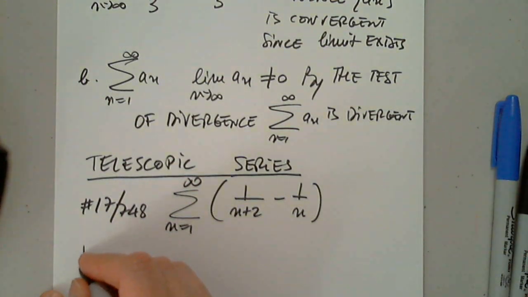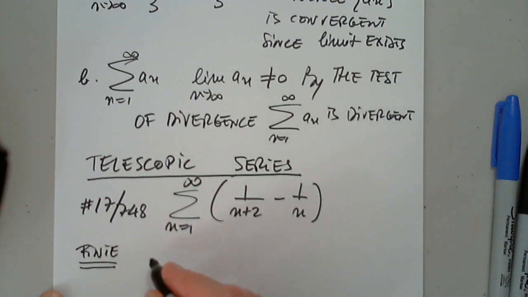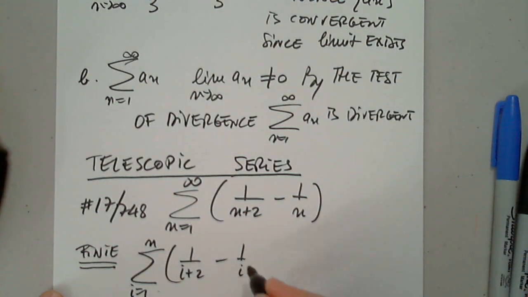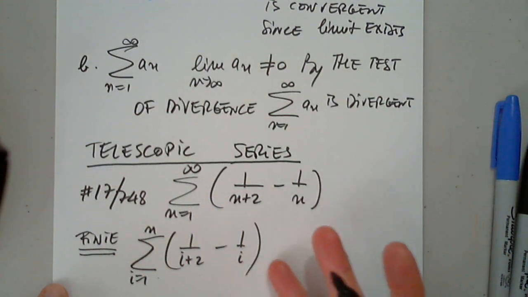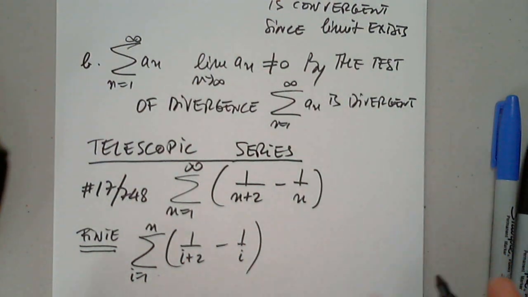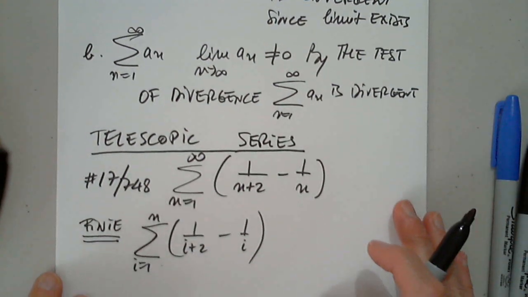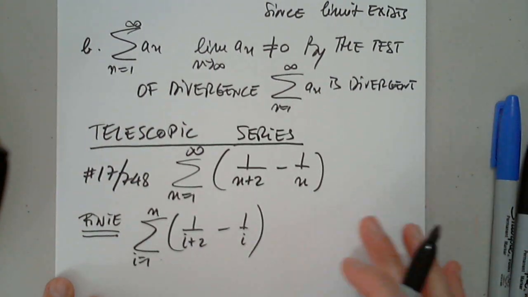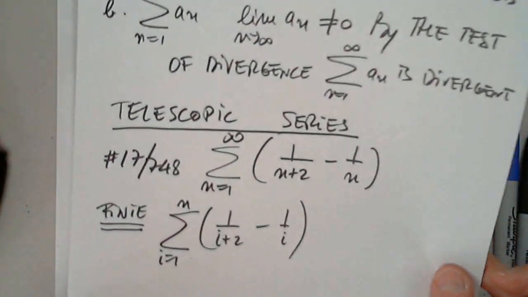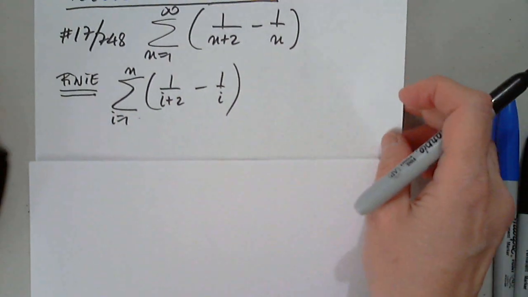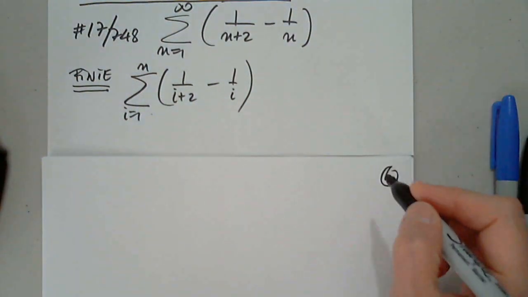Okay, so remember we have to look at the finite situation, which is the sum from i equals 1 through n of 1 over i plus 2 minus 1 over i. We will look at several terms of this finite series and see what happens and if we can determine what the a sub n is. Okay, so let's take a look.